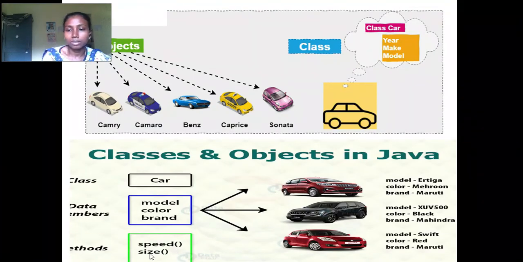Here the model is Ertiga, color maroon, brand Maruti; another is XUV500, color black, Mahindra. These are the data members, and obviously the methods are speed and size. They have different speeds and different sizes.